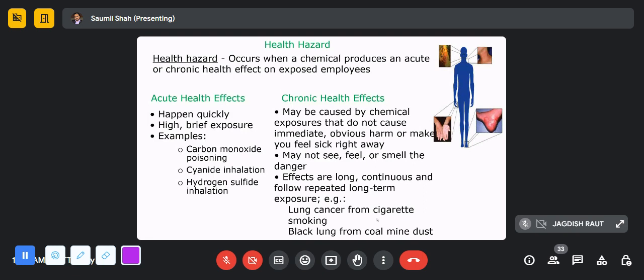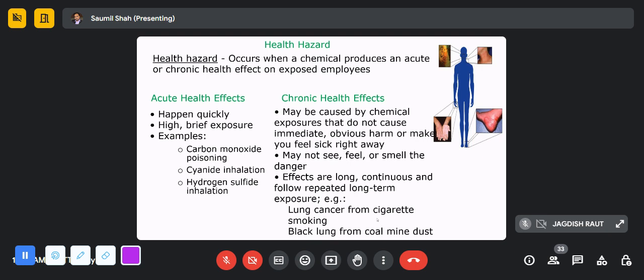Another is the chronic health effect. A chronic health effect is like this: you are going to your workplace every day, but the concentration of chemical you are exposed to in that area is not much, for example 0.1, 0.2, 0.5 ppm. But over a prolonged period of time, you continuously go into that area and are continuously exposed to that chemical for, say, 5 years, 10 years, 15 years. Then it will give some indication in your health.